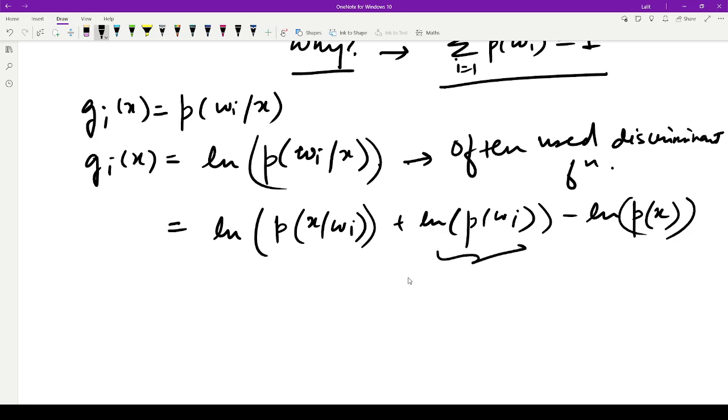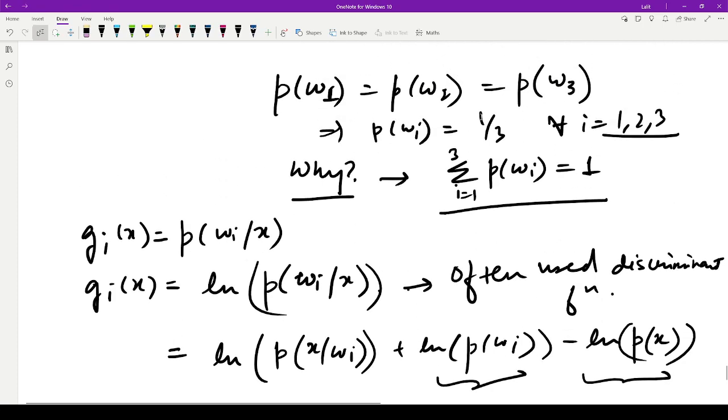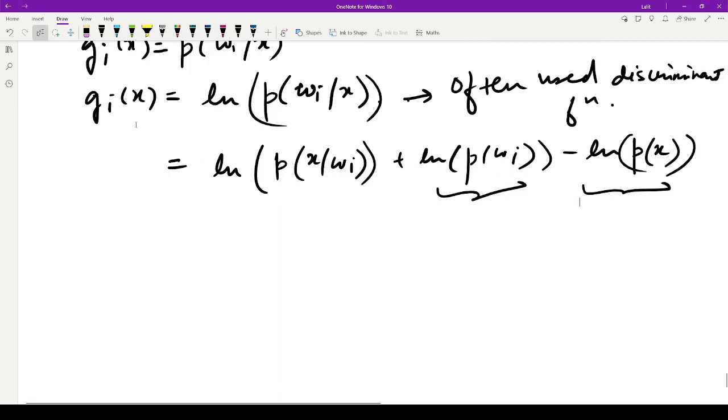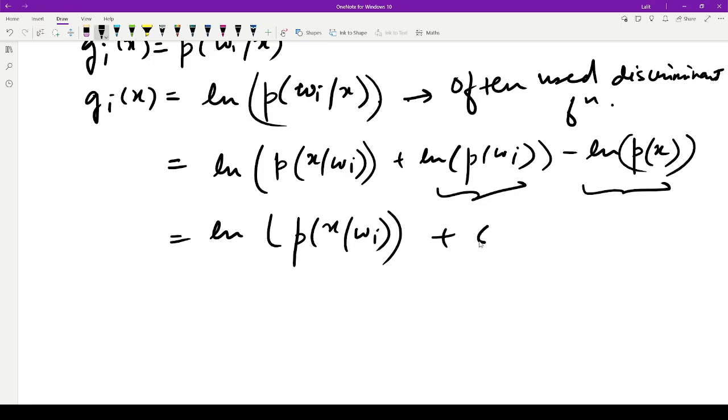We know that this is same for all cases. So this is a constant and this is a constant, and that constant is independent of the class because P of Wi is equal to 1 by 3, which is independent of the class i, and P of X is same for all the g_i's. So what we can do now is I can just write it as ln of P of X given Wi plus some constant which is independent of class. That's why I'm writing C and not Ci.